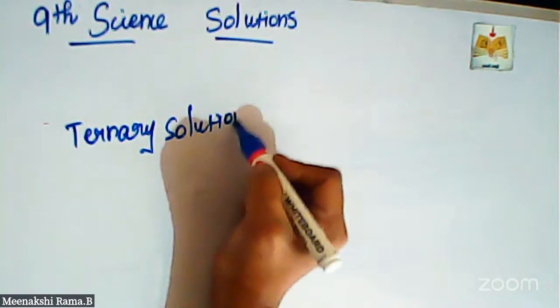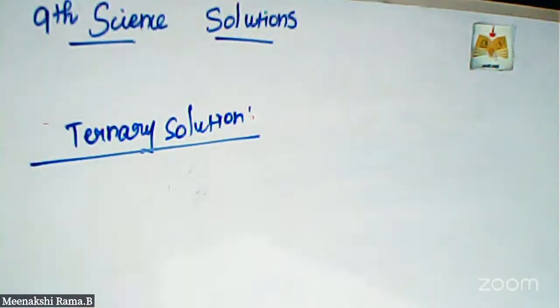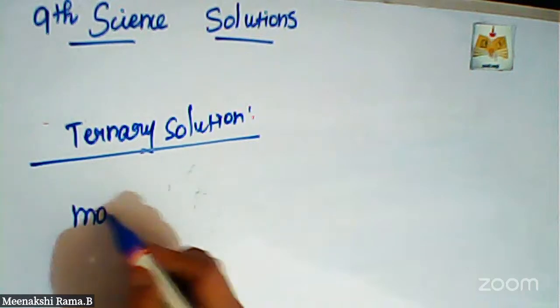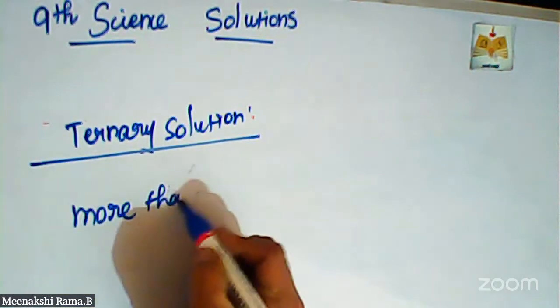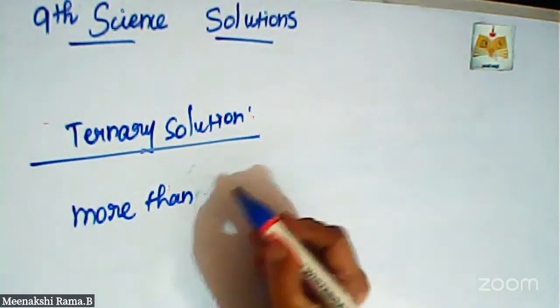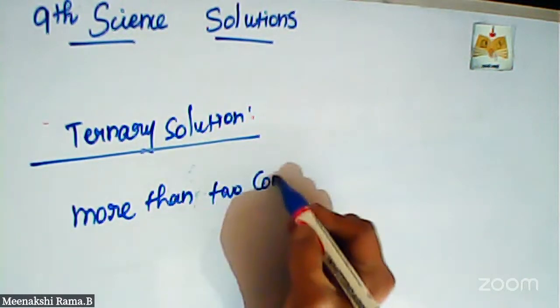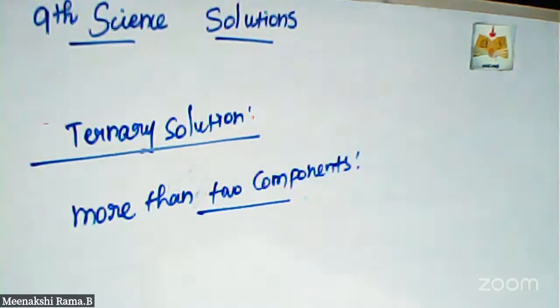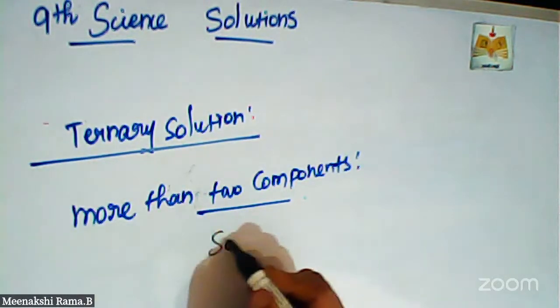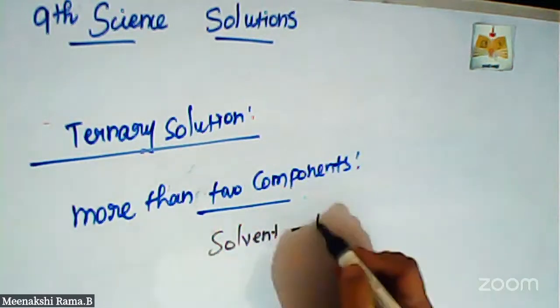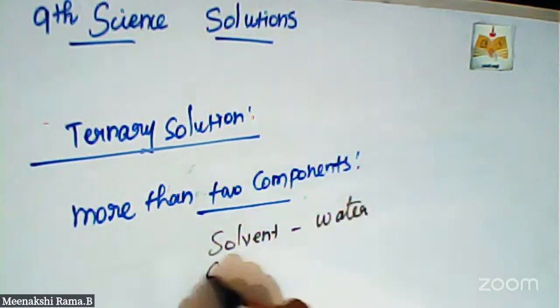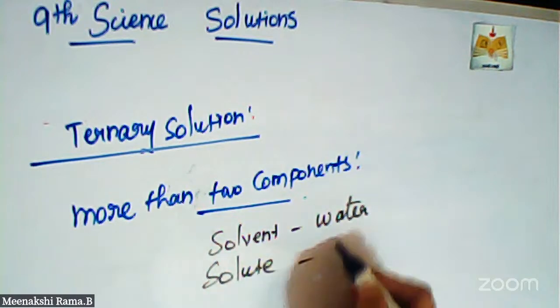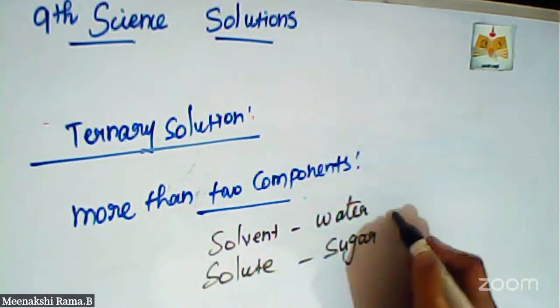So, ternary solution means more than two components are dissolved into the water. When we use more than two components, here the solvent is water, and the solutes are sugar and salt.